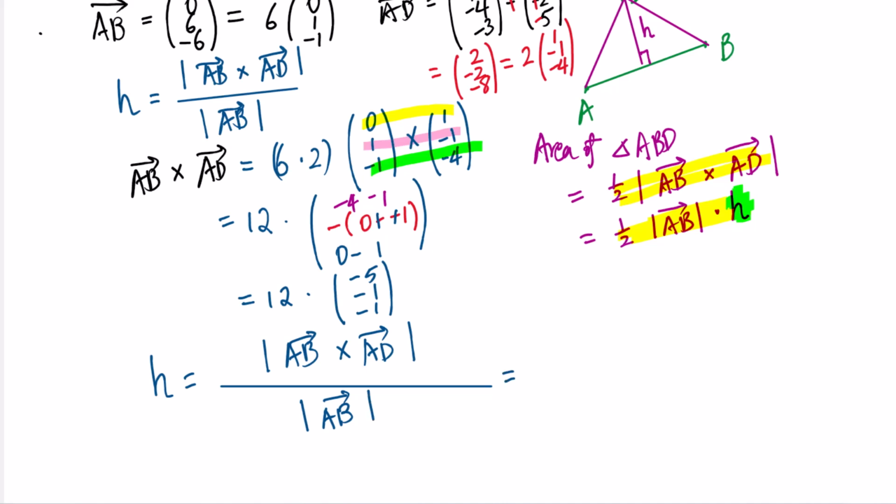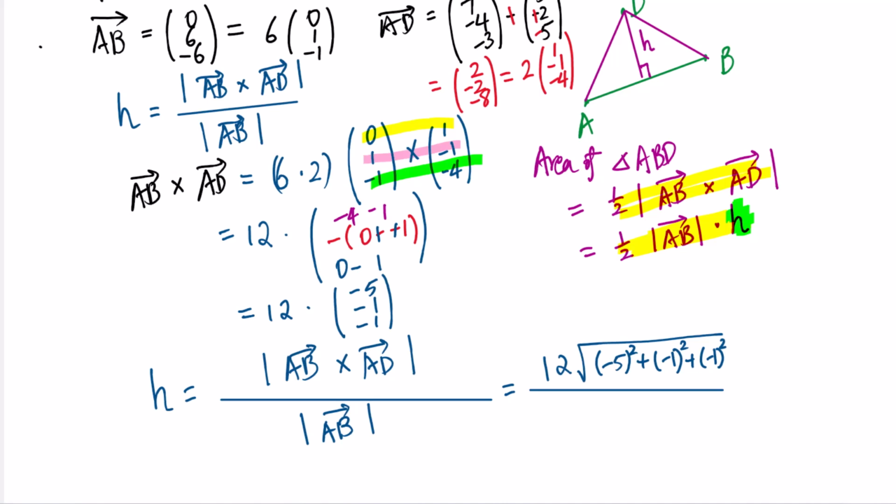We have a common factor 12 out, square root of -5 squared plus -1 squared plus -1 squared. Denominator, common factor is 6, so take 6 out.